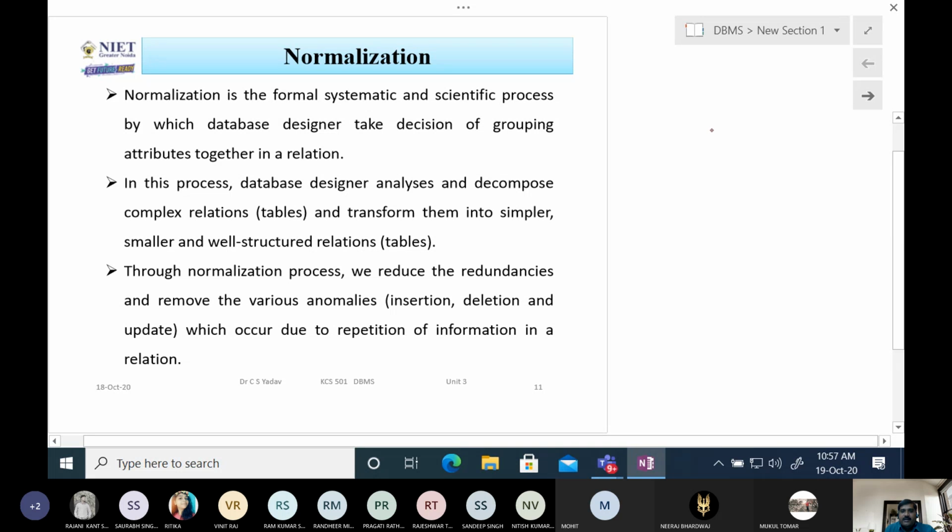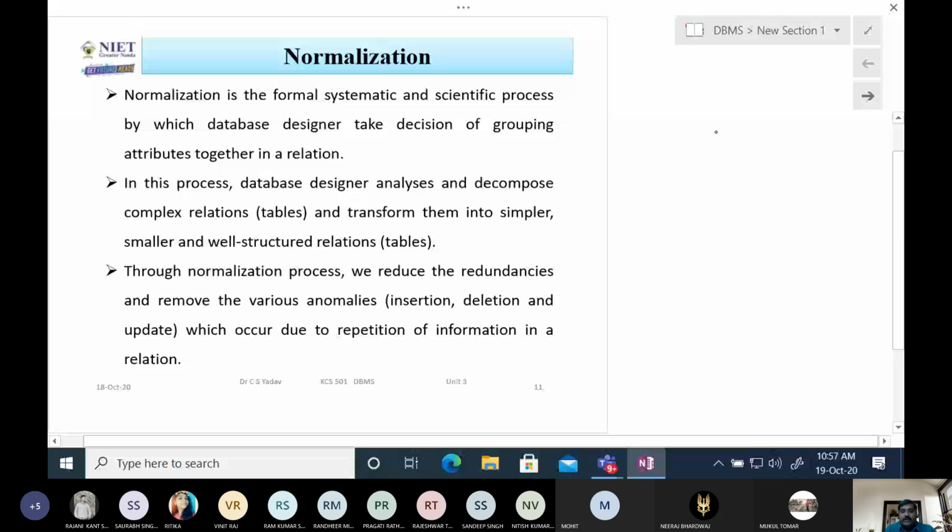Normalization is a scientific process by which we analyze the database and decompose that database into simpler, smaller and well-structured tables. Why do we decompose that relation into simpler, smaller and well-structured relations?